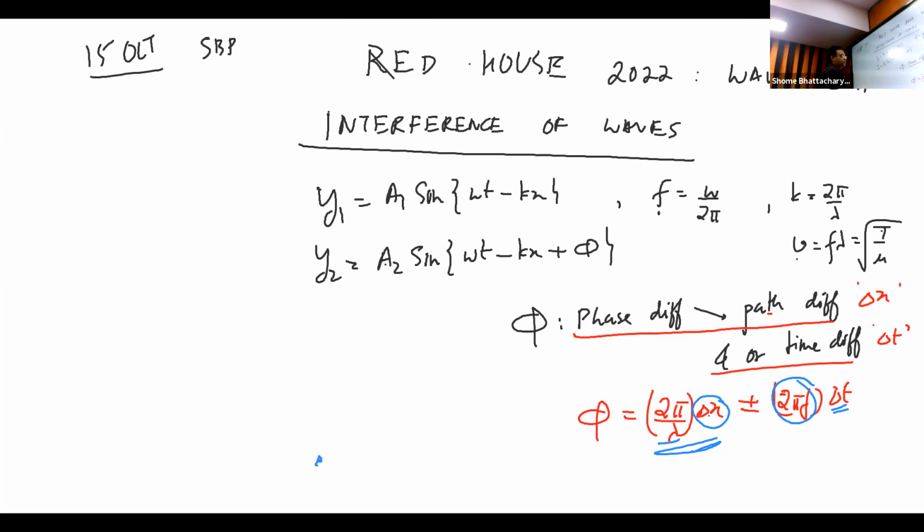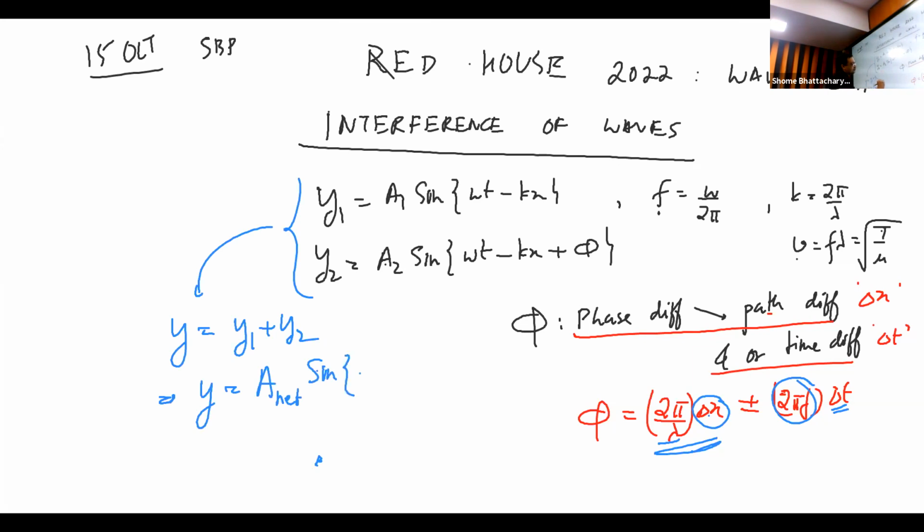And you know that once you know the phase difference, you also know that the superposition here will result in an equivalent y of the linear superposition or the sum of y1 plus y2, which will result in a wave which has some net amplitude, okay, into sine, a wave of the same omega and therefore the same k, but having a net amplitude which now depends on this phase difference.